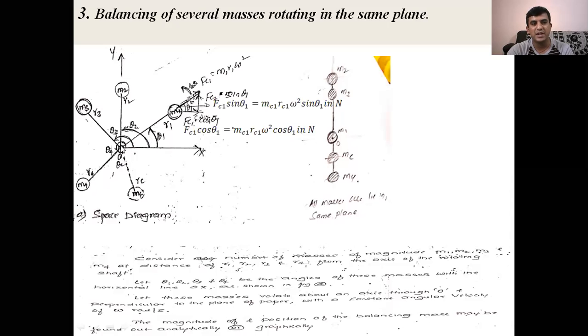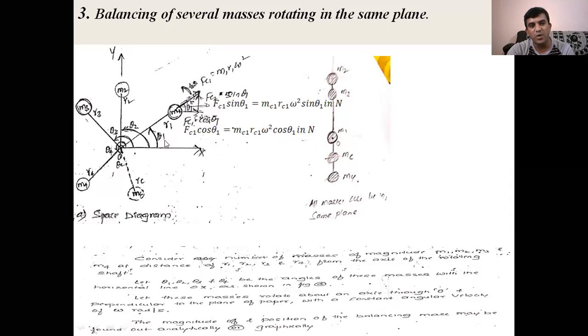This is a space diagram. First you draw a horizontal line, called the x-axis, and a vertical line, the y-axis. The intersection is called O. Now several masses M1, M2, M3, M4 are rotating masses at radii of rotation from the axis R1, R2, R3, R4.